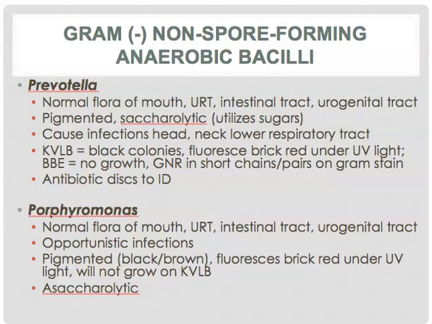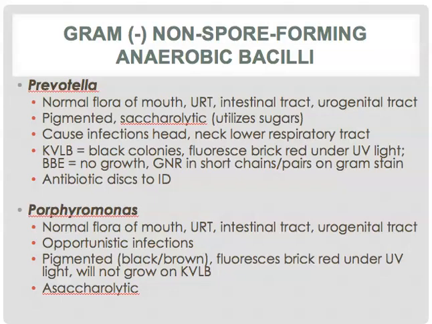Okay, Prevotella, normal flora of the mouth, upper respiratory tract, intestinal tract, urogenital tract. This one has pigmented fluorescence. So under fluorescent UV light, it will produce a brick red fluorescence in some species. It is saccharolytic, which means that it is able to utilize sugars. It's gram-negative rods in short chains or pairs on the gram stain.